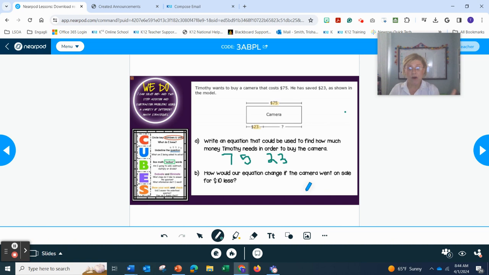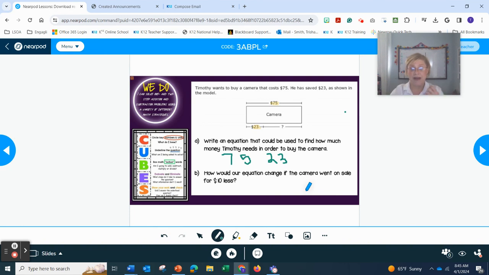We're comparing how much we want versus how much we've saved, because we want to know how much we still need to save. So when we're comparing how much the camera costs versus how much we have, what operation are we doing?